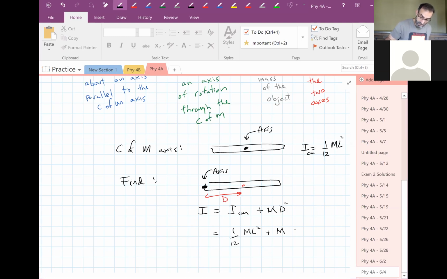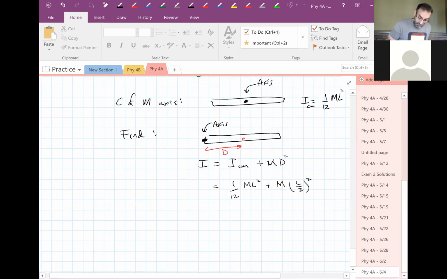L/2 in this case. So I've got a 1/12 plus a 1/4, which is 1/3 ml squared.